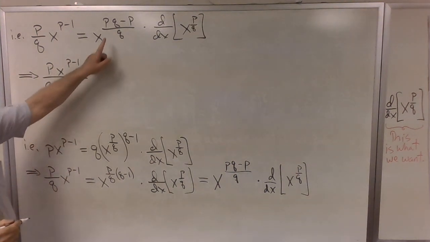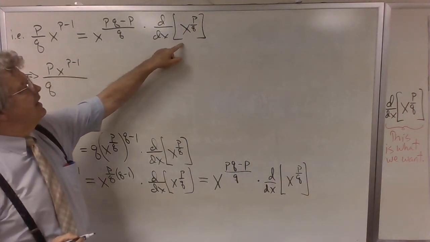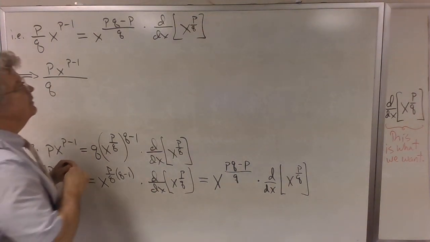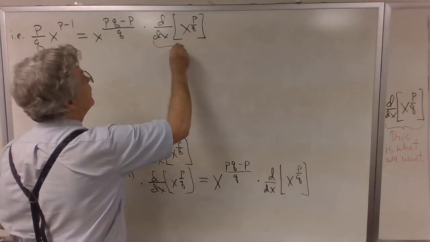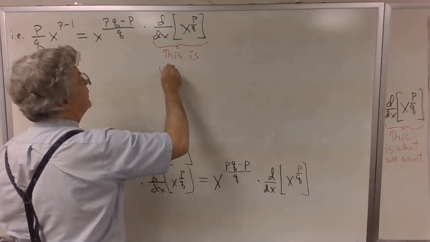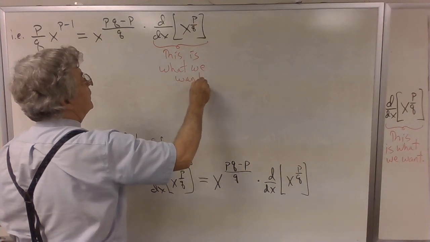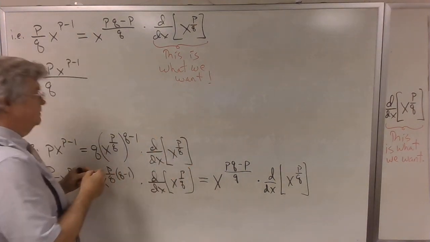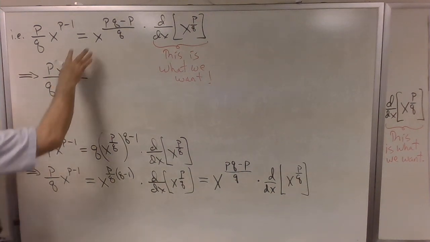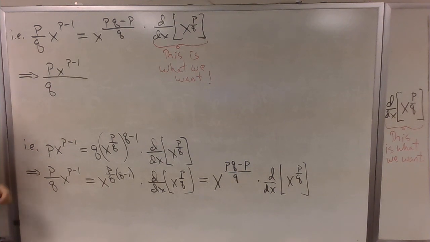I'm going to divide both sides by this piece of junk, just so that I can isolate the derivative of x to the p over q, because this is what we want. So I'm going to divide both sides of this equation by that piece of junk.